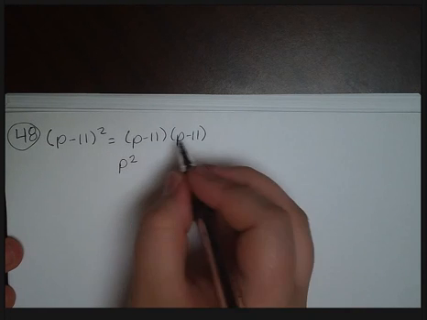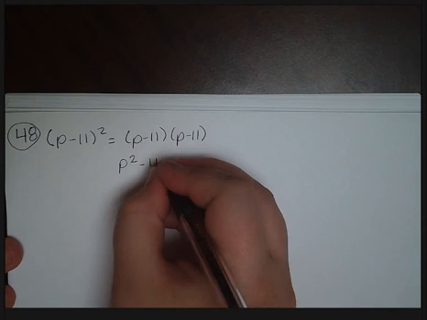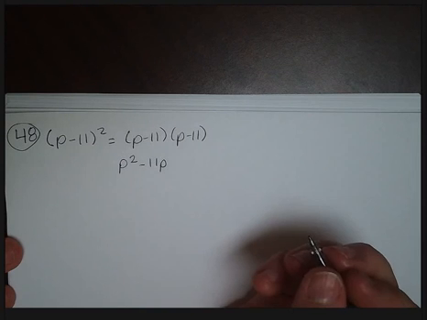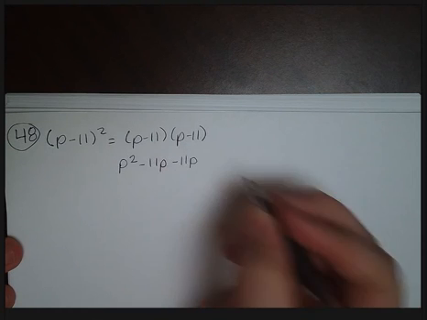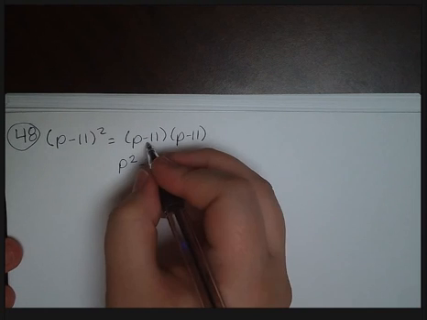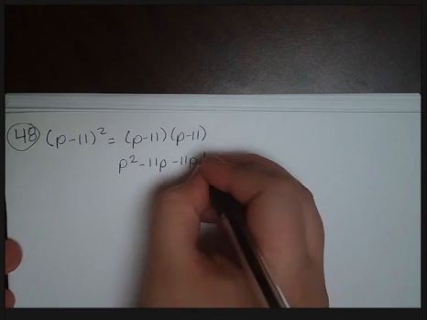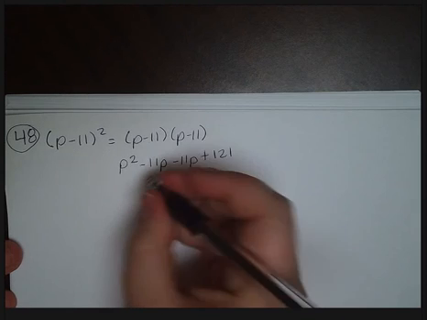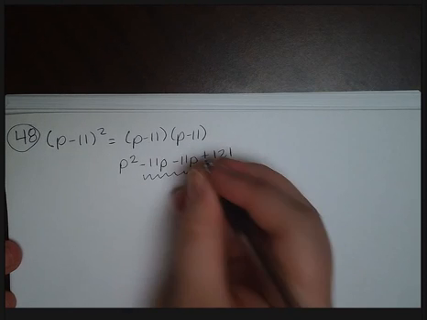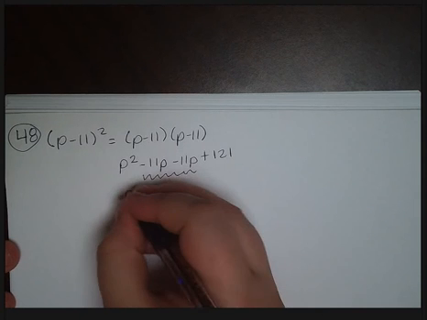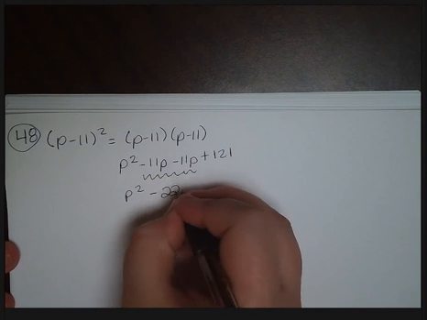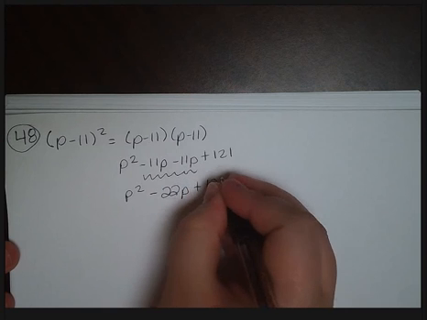P times negative 11 is negative 11p. Negative 11 times p is negative 11p. Negative 11 times negative 11 is positive 121. Now we combine our like terms to get p squared minus 22p plus 121.